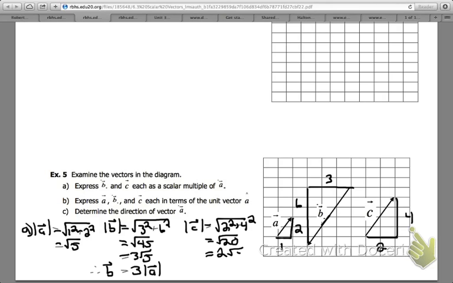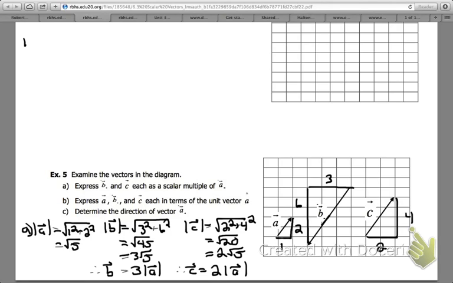So I can rewrite as 2 root 5. Fantastic. Again, root 5 is the magnitude of a. So I can therefore state our vector c in terms of a, which is a scalar multiple of 2 times our vector a. So that is part A.